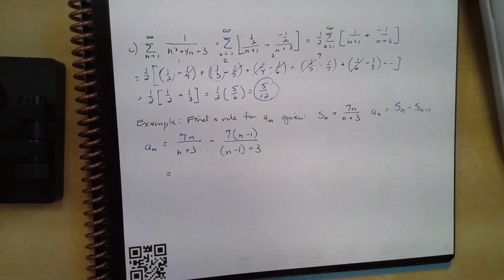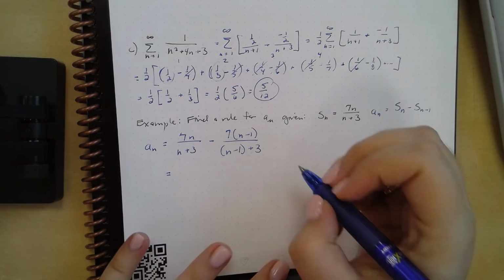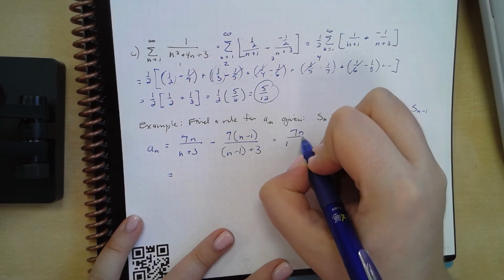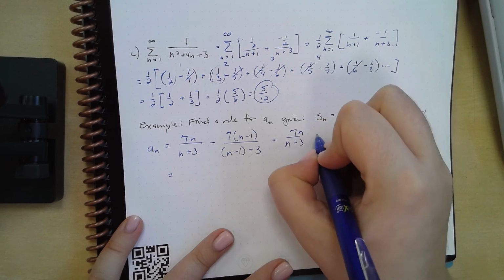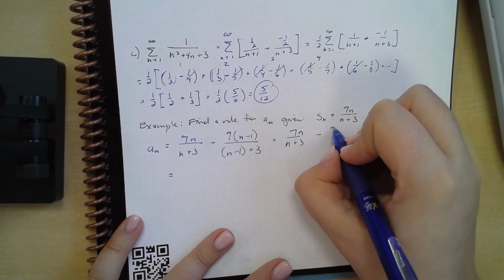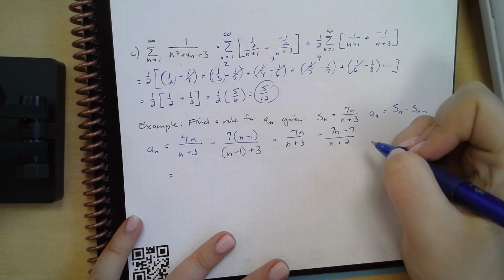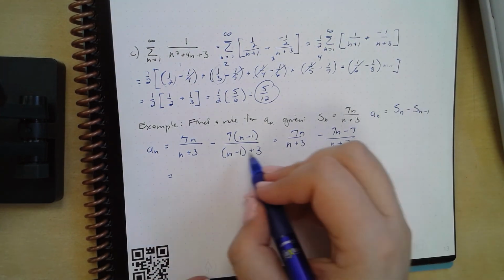If I rewrite this, I'm going to have 7n over n plus 3 minus 7n minus 7 over n plus 2. Okay? So now I can kind of find a common denominator here.